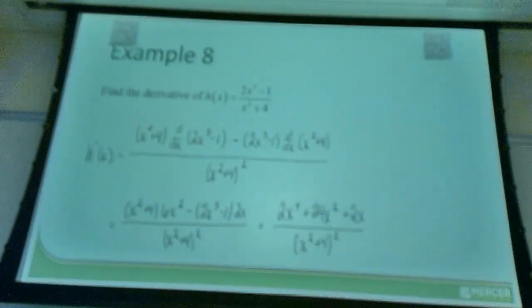Now ask yourself, does factoring the numerator serve any purpose? If I factor out a 2x, I'm just left with x cubed plus 12x plus 1.